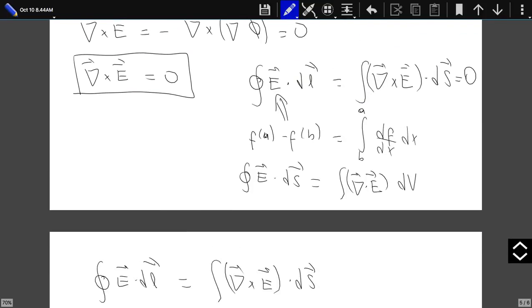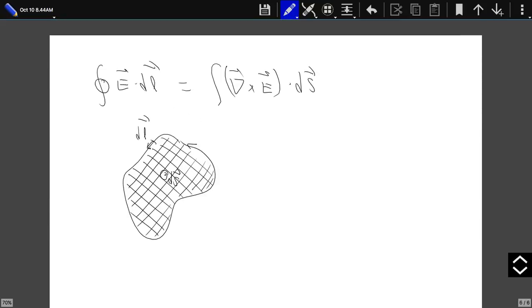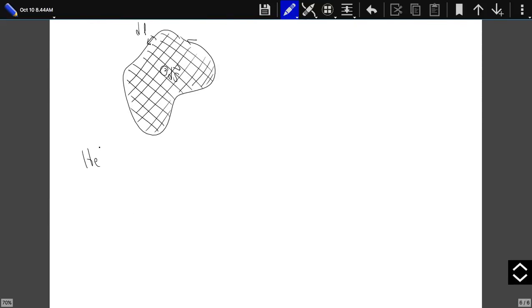Now, the thing that we are trying to head to is basically to use what's called the Helmholtz Theorem.